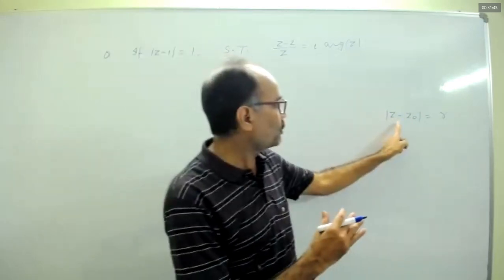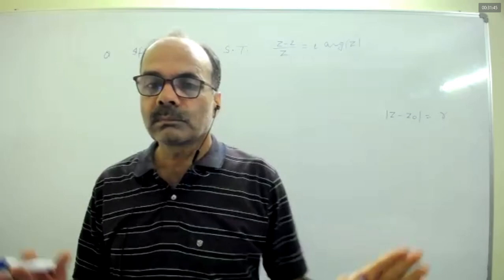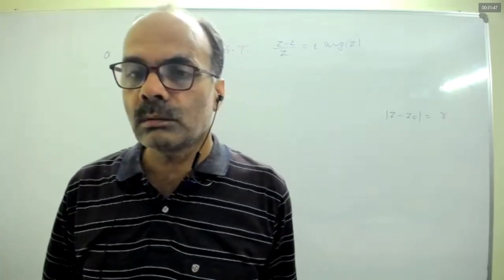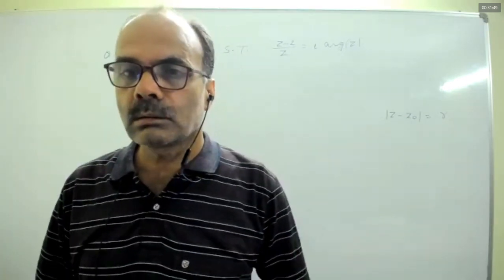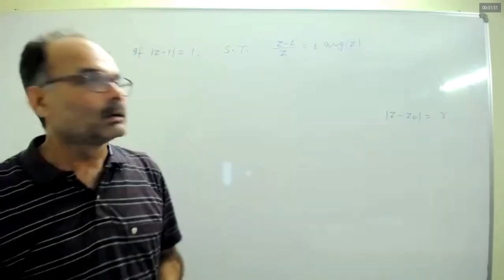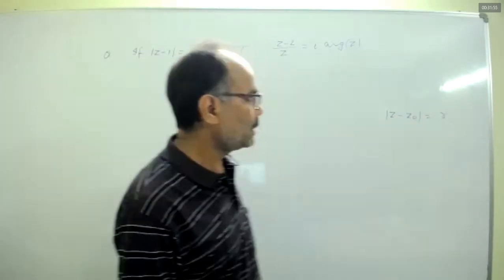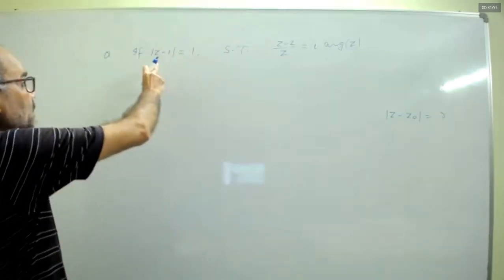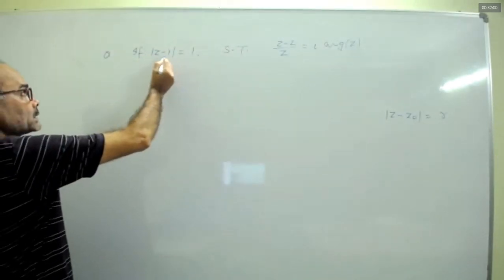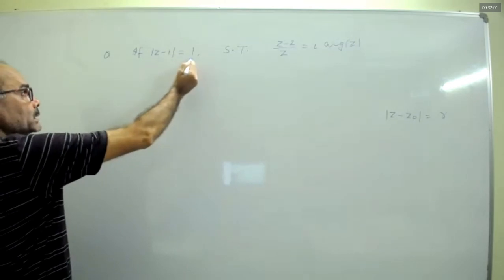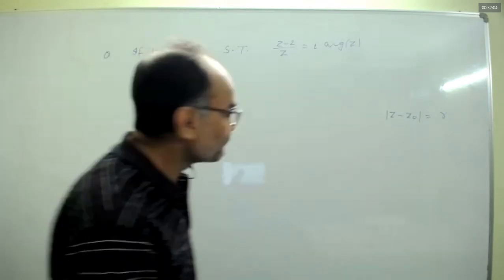What is the meaning of mod of z minus z0? The distance from z to z0. So this is a circle centered at z0 with radius r. Likewise, this is a circle centered at 1, 0 with radius 1.